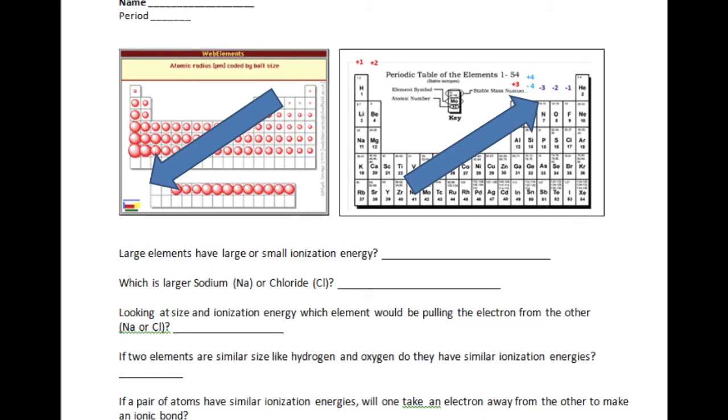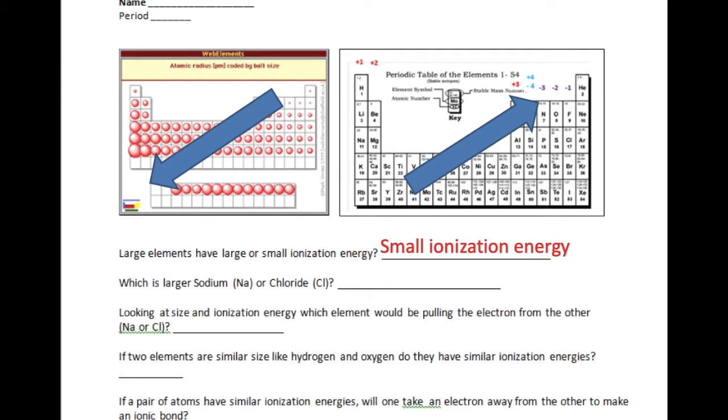And the picture on the right describes ionization energies, which is largest in the upper right-hand corner of the periodic table. So, do large elements have large or small ionization energies? Well, the larger the element, the smaller the ionization energy, since our trends move in opposite directions on the periodic table.